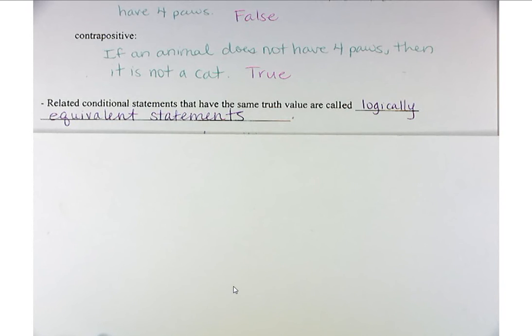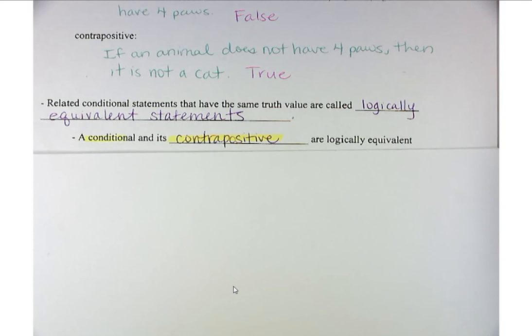So logically equivalent statements are formed when they have the same truth value. The only one that we wrote that was true was the contrapositive. The other statement that was true was the initial statement. What do we call the initial statement? The conditional. So the conditional and the contrapositive are logically equivalent.